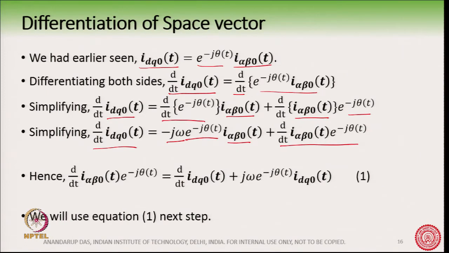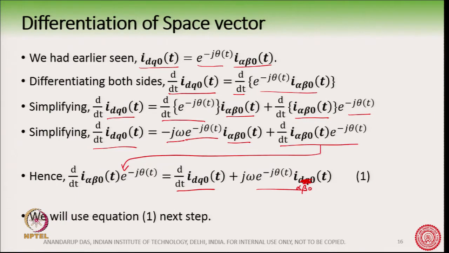So we can say that this quantity is equal to d/dt of I dq0 plus j omega e to the power minus j theta I alpha beta 0. Sorry, there is a mistake, this is I alpha beta 0. This is the equation here.